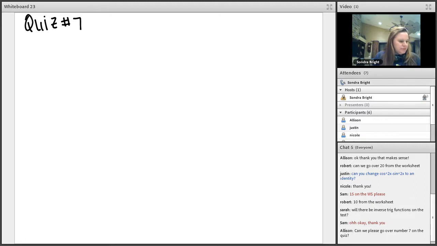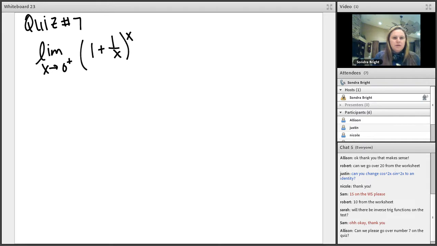All right, so they want you to determine the indeterminate form and then also evaluate it. Do you see that this is a function to the power of x? It's a function of x and then to the power of x. So that's how I know I'm going to end up having to use the natural logs.